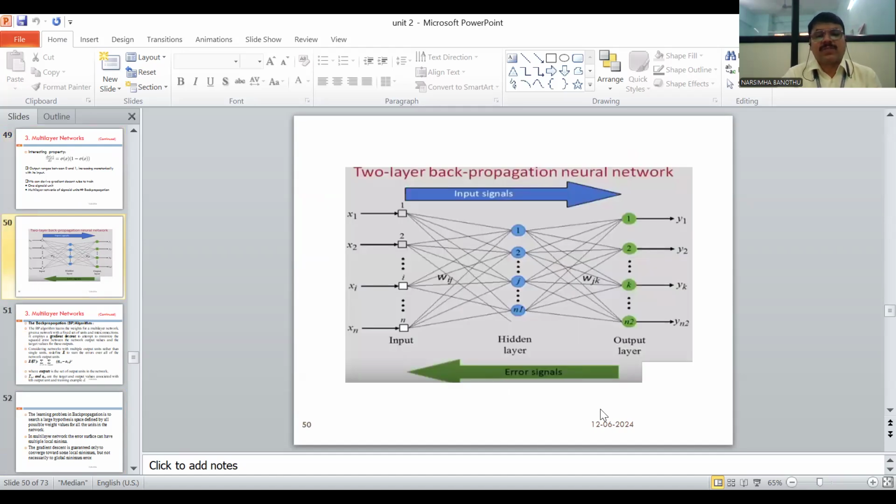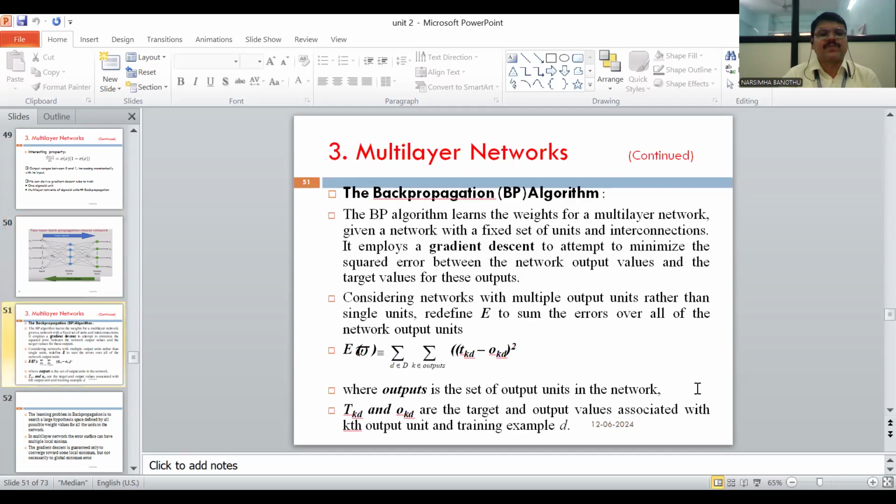Two-layer backpropagation networks: input signal, error signal, input layer and output. With the backpropagation algorithm, we can learn the weights for a multi-layer network.